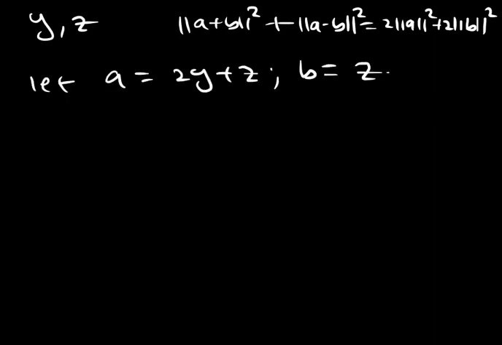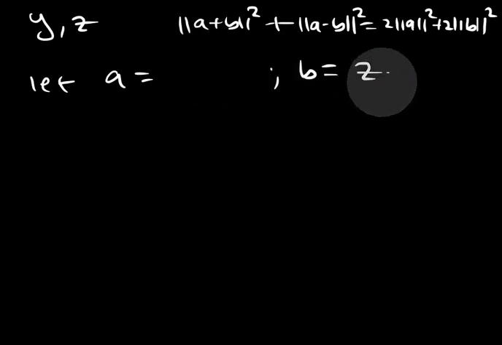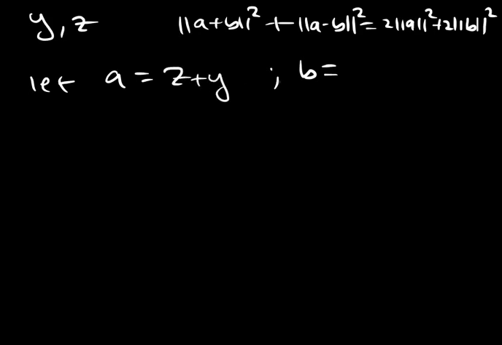A is equal to z plus y and b is equal to just y. Then a plus b is equal to z plus 2y.